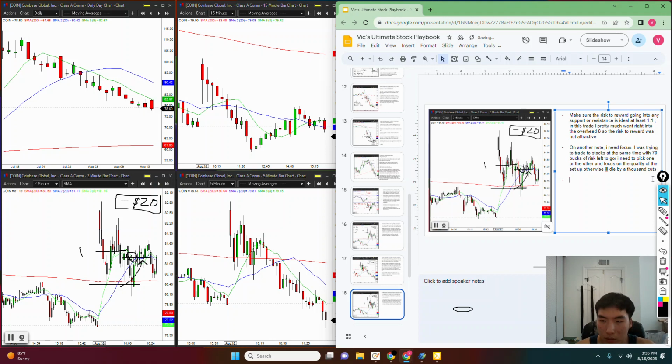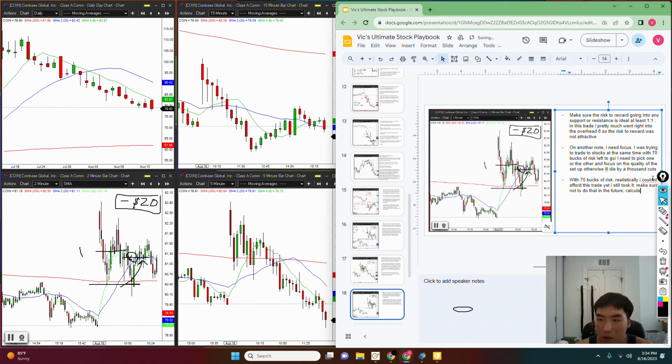Another thing is $70 of risk. Realistically, I couldn't afford this trade, yet I still took it. Make sure not to do that in the future.